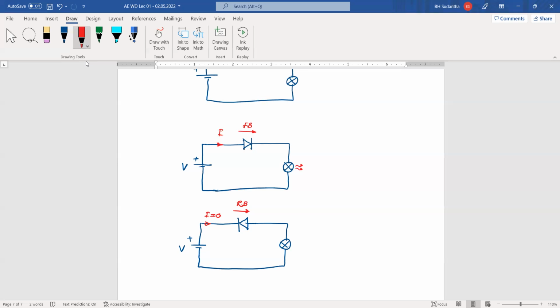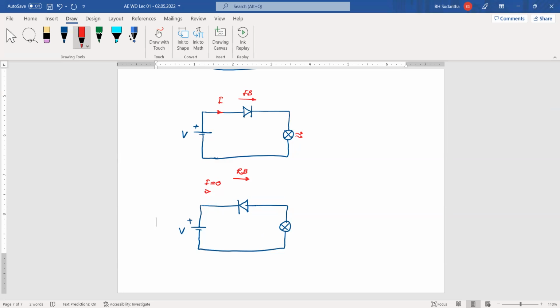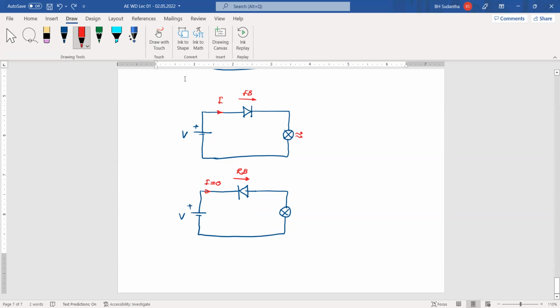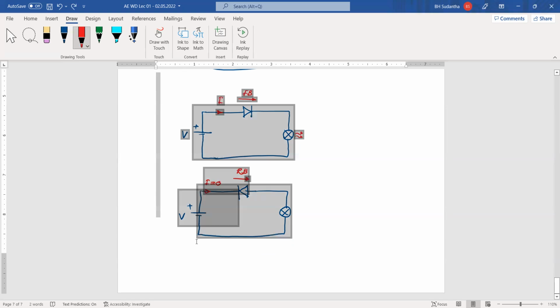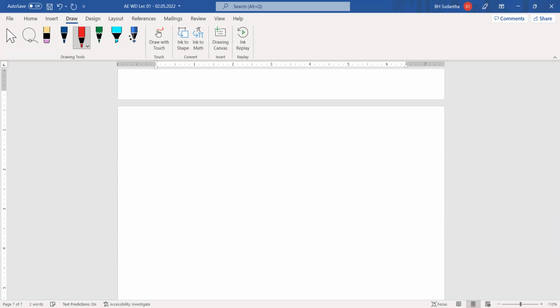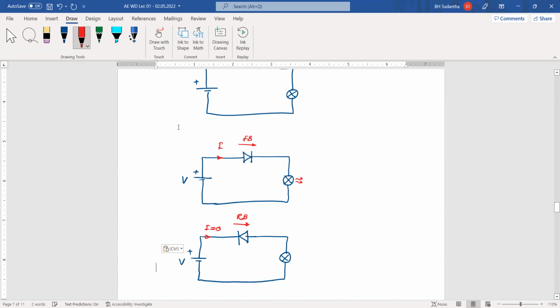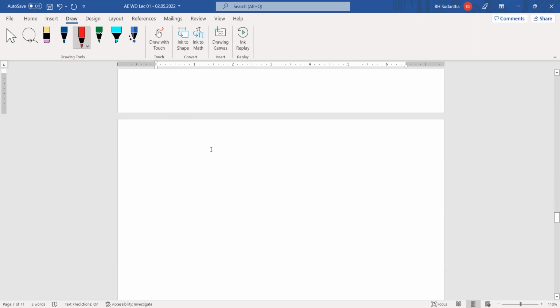For example, think like this. Okay, assume that you have a small circuit here, for example, some kind of electronic circuit.